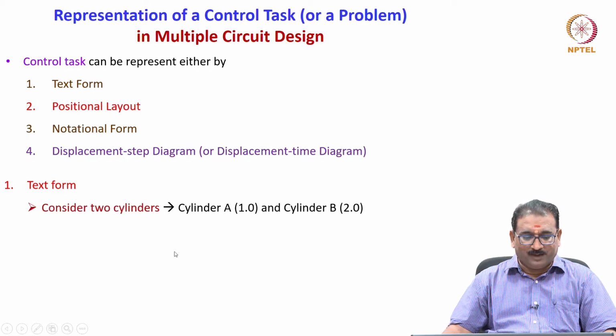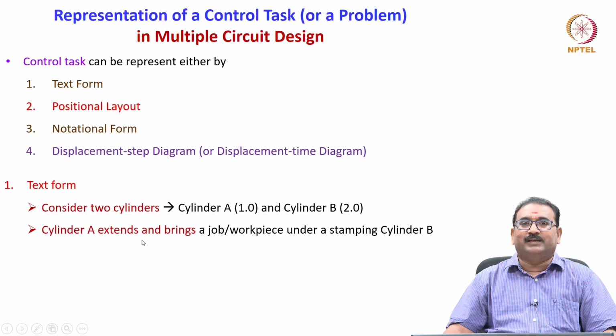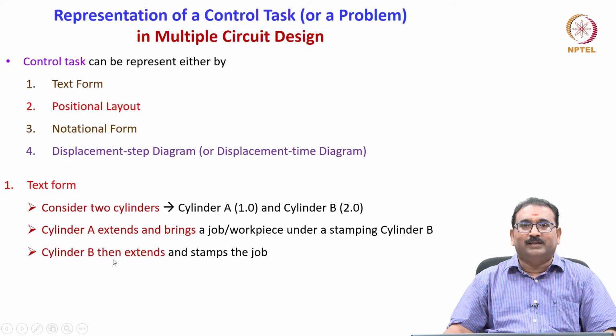Now it is a 2 cylinder stamping operation, as I have told you. Cylinder A 1.0, cylinder B 2.0. Cylinder A extends and brings the job or a workpiece under the stamping cylinder B. Cylinder B then extends and stamps the job.